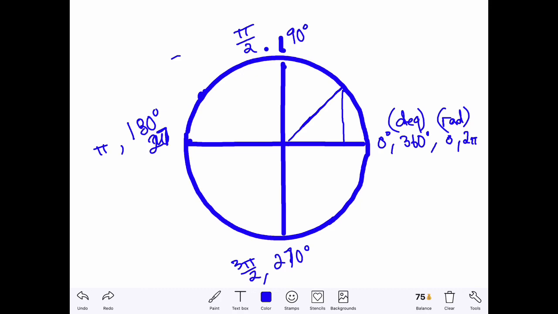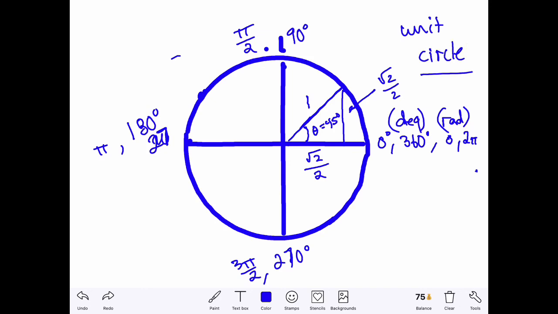If we look at a 45, go ahead and put in your theta. In the first quadrant, it has a radius of 1, and this side will be root 2 over 2, and this side will be root 2 over 2. As we learned before, a 45, 45, 90 would of course have legs the same length, and in this case on the unit circle, we're going to have always a radius of 1.